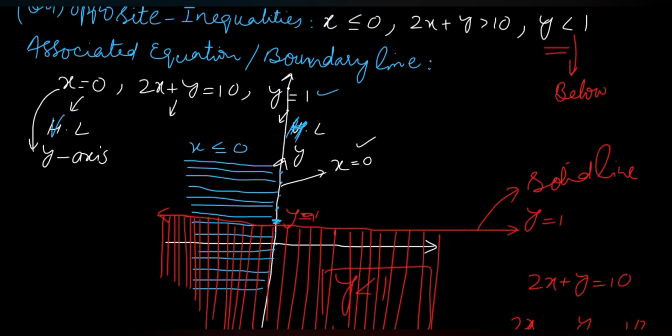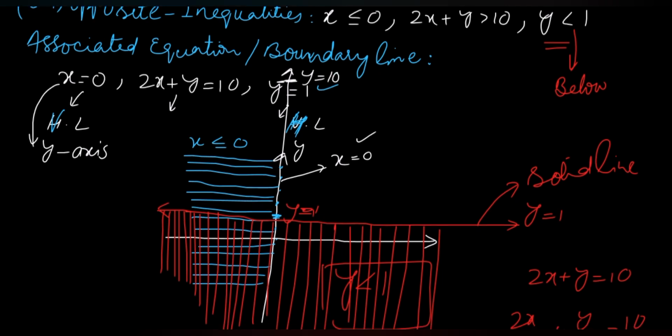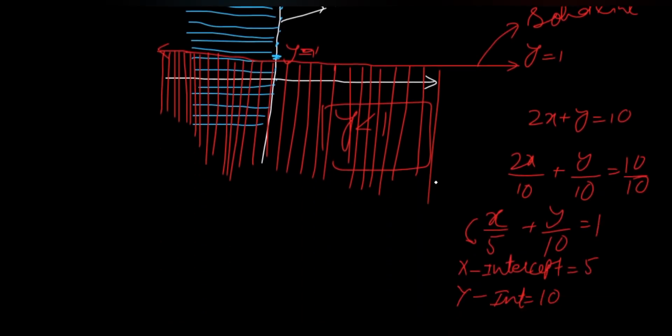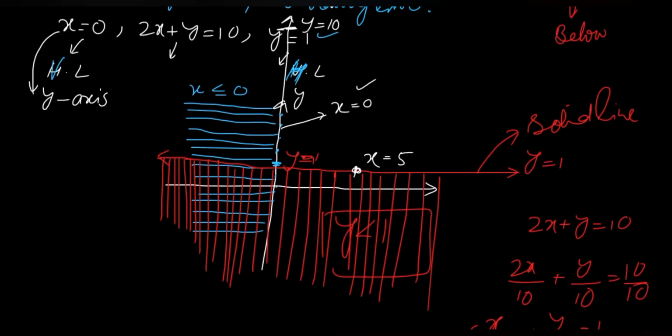Suppose this height represents y is equal to 10 here. This height represents y is equal to 10. Where is x is equal to 5? And this distance represents x is equal to 5. This represents the x-intercept and this height represents y is equal to 10.